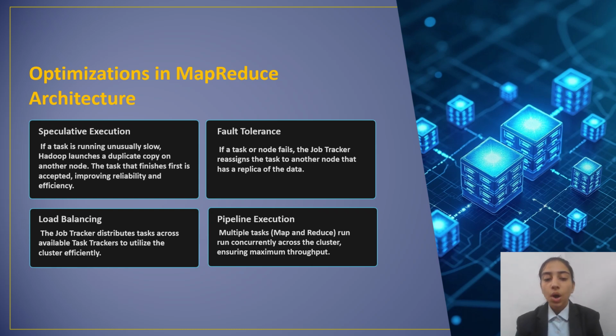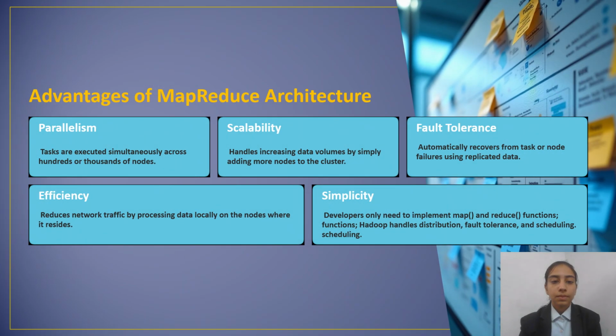Now let us talk about the advantages of MapReduce architecture. It includes parallelism. Many tasks run at the same time on hundreds or even thousands of computers. Efficiency. Data is processed on the same machine where it is stored, which reduces data transfer and saves time.